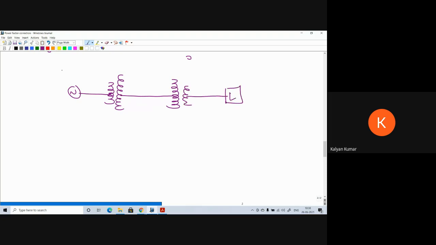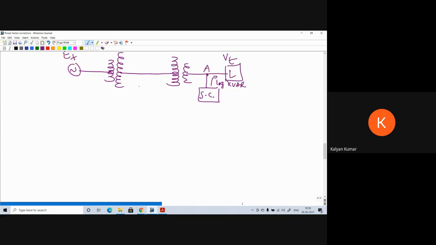So this is the power system network, the same network that we have considered earlier. Now at point A, we are connecting one synchronous condenser. This synchronous condenser will supply the lagging kVAR required by the load, instead of it coming from the excitation of the generating station.